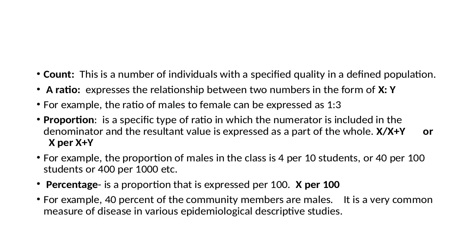Let's see proportion. Proportion is a specific type of ratio in which the numerator is included in the denominator and the resultant value is expressed as part of the whole. That's why I'm saying the numerator is normally part of the denominator. An example is the proportion of males in a certain class is 4 per 10 students.